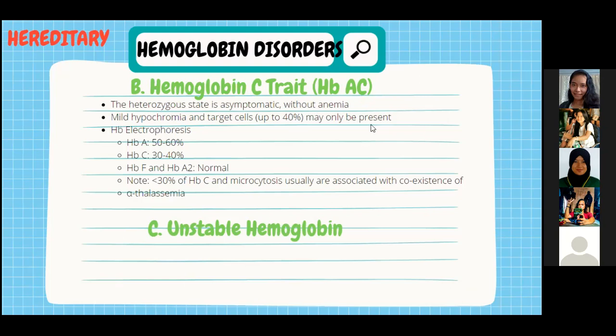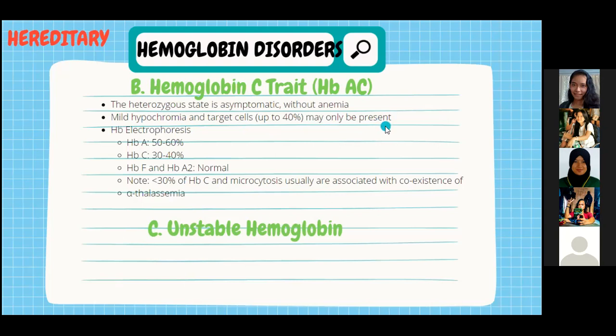The homozygous state and a variety of compound heterozygous states, such as hemoglobin C beta thalassemia and sickle cell hemoglobin C disease, lead to a sickling disorder generally less severe than sickle cell anemia. Mild hypochromia and target cells, up to 40%, may be present.